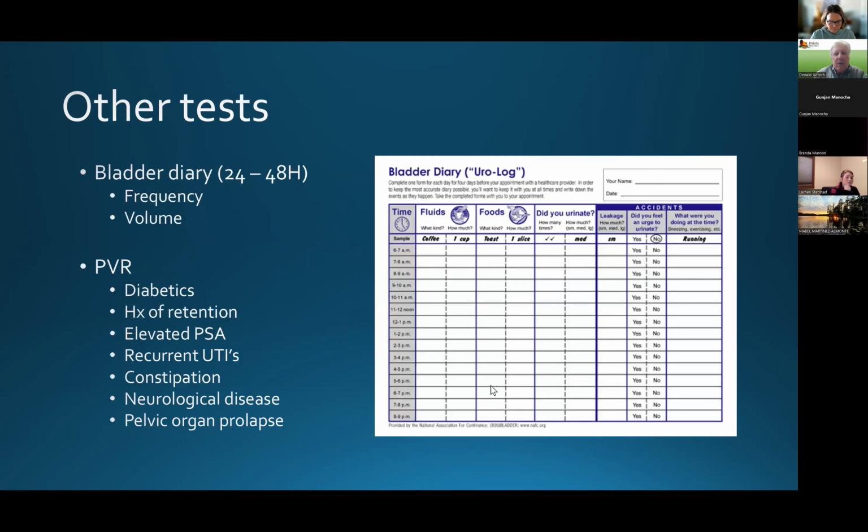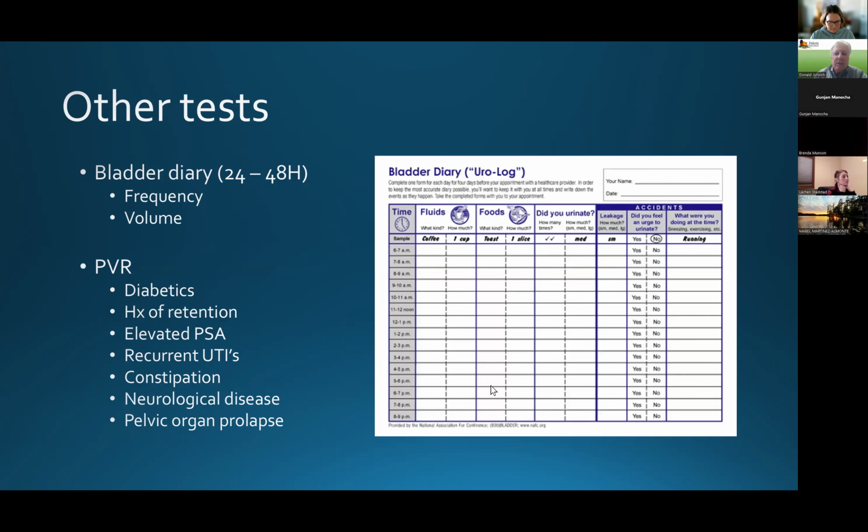Some of the other tests that we can do is a bladder diary. So you can see this from the National Continence Association. So you try to, again, identify the volume of lost urine. You try to identify how much fluid intake. And in the instance of doing a bladder scan, you can do the bladder scan in the office, or you can refer them to ultrasound and radiology.